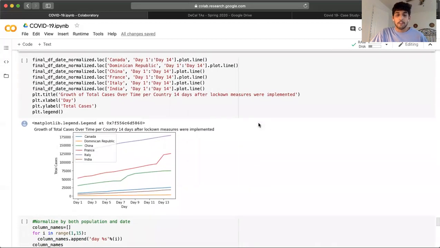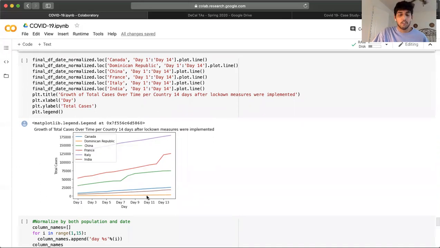So first we have a line graph that depicts the growth rate for the first 14 days after a lockdown measure, or whatever measure, has been implemented in each country. As we can see, these three countries at the bottom seem to have the flattest curves, which implies low growth rates for these three countries, specifically Canada, India, and the Dominican Republic.